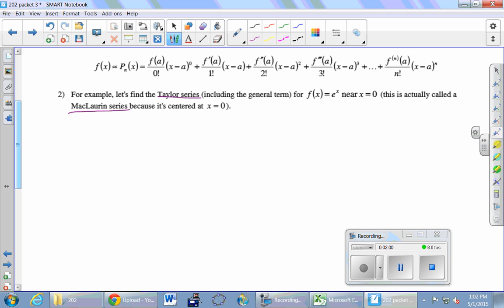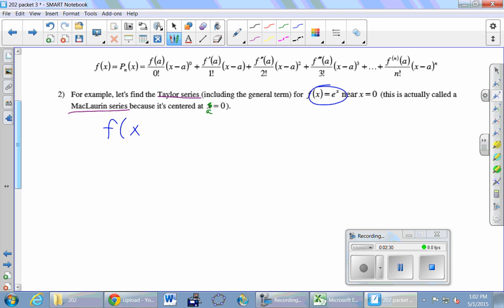A Maclaurin series is a specialized one where the center happens to be 0, which is the x equals 0 that we've got here. In fact, why don't we use the same letter we used last time? A is what we were calling the center. So using Taylor series on polynomials is kind of silly because you'll eventually just get back to your polynomial. But we're going to do it for e to the x. Let's give it a shot.